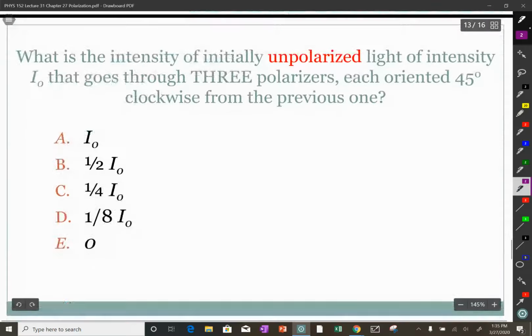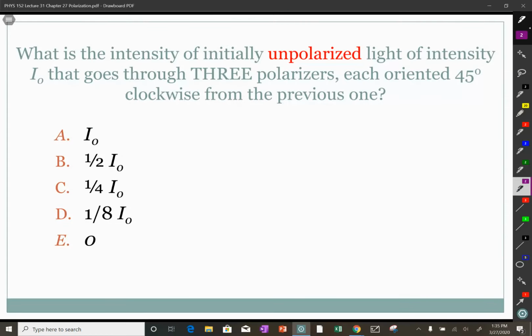All right, so now a question for you, and I know you don't have clickers, it's going to be a little more difficult. What's the intensity of initially unpolarized light of intensity I0 that goes through 3 polarizers, each oriented 45 degrees clockwise from the previous? So I start with a picture.